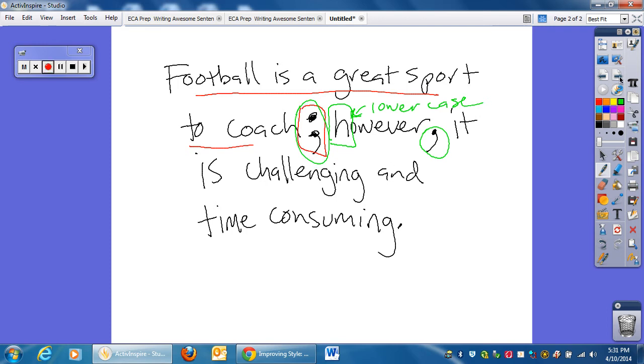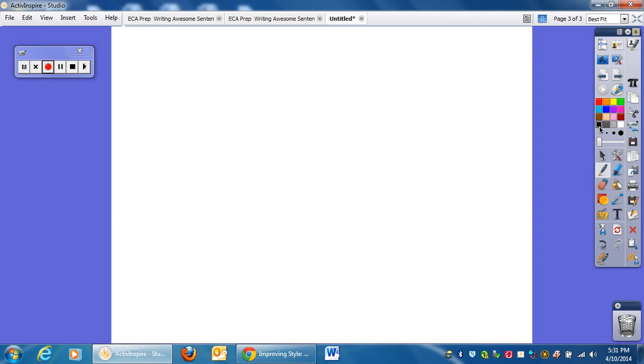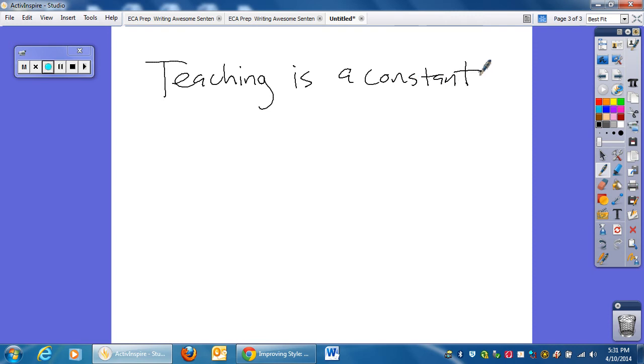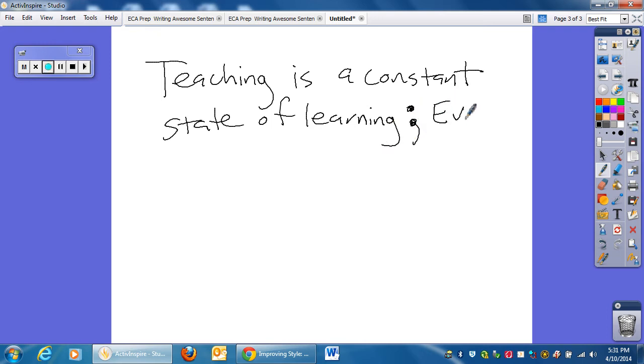Another illustration then. Teaching is a constant state of learning. Semicolon. And this should be lowercase, so I screwed that up already. We're going to erase it.